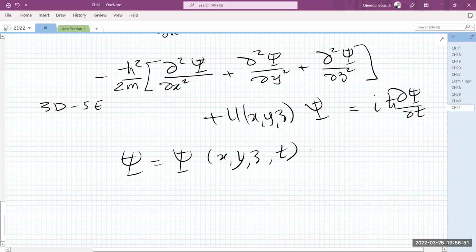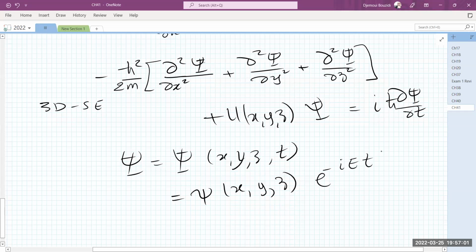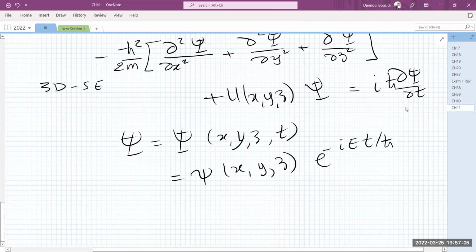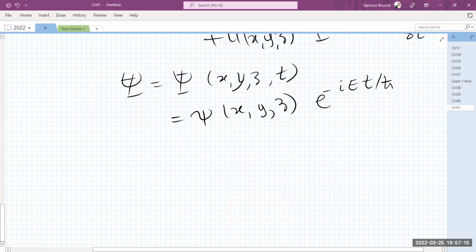And as a matter of fact, we're going to do the same thing as before and write it as a function that depends on the spatial parameters times the exponential of negative i E t over h bar. In other words, the derivative on the second half is just going to give E, and then we get E times psi, and then at the end we're going to get rid of that temporal behavior. So the Schrodinger equation becomes simply an equation in space.